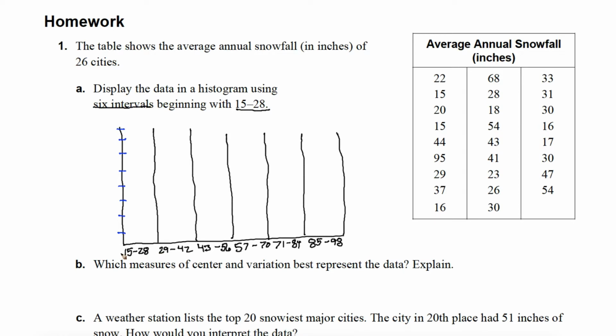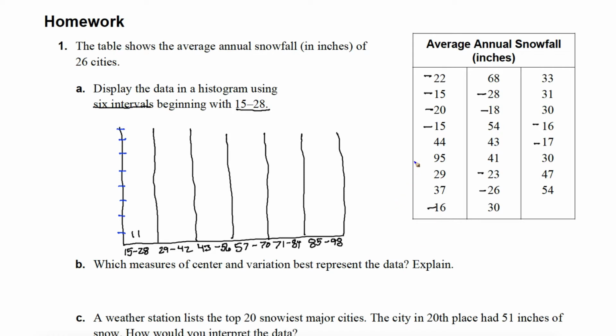So from 15 to 28, how many do we have? There's 1, 2, 3, 4, 5, 6, 7, 8, 9, 10, 11. So there's 11 here. And I'm just going to make that note there.